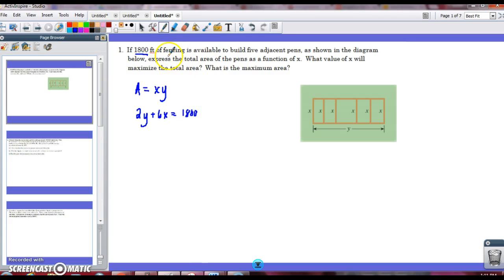And it says to express the total area as a function of x, meaning I want to represent the area in terms of only x, which means that here I just need to solve this equation for y.